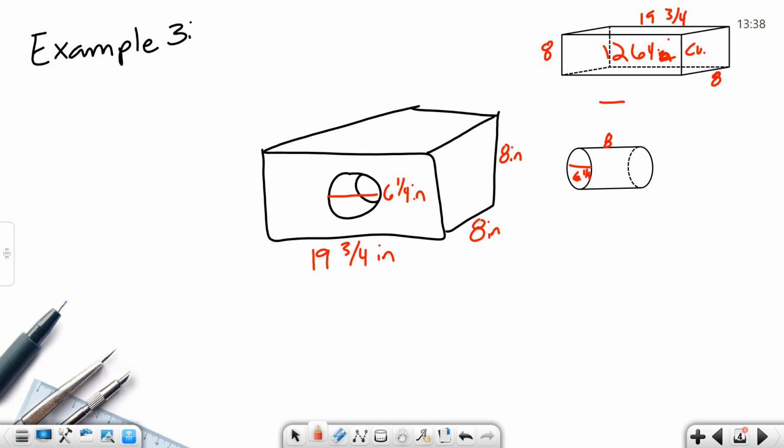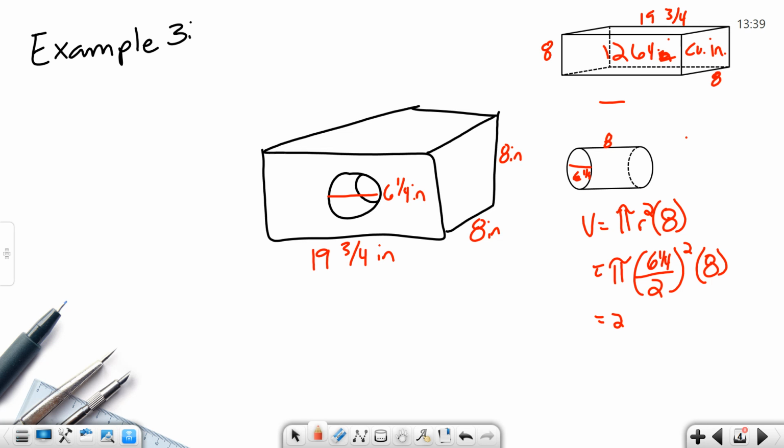1,264 cubic inches. So we have pi r squared times height. The reason that I put in height but not radius is because I have to find the radius by taking 6 1/4, divide it by 2, then I can square it and then multiply. And when we're all said and done, we are approximately 245.4 cubic inches.